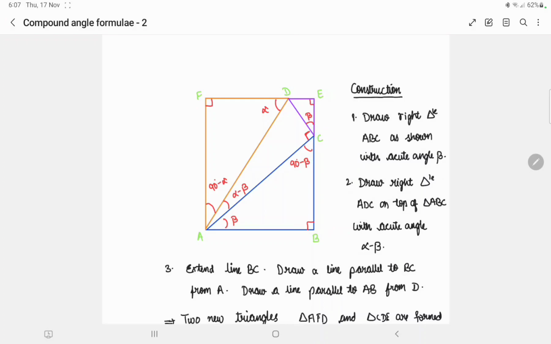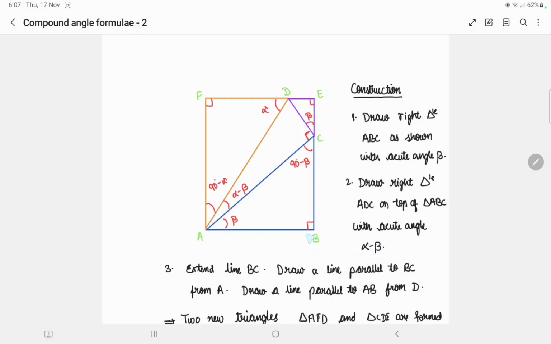So in an exam, if someone asks you for the construction, you are going to first draw this triangle ABC. Draw the right triangle ABC as shown with acute angle beta. That's the first step. The second step is to draw the right triangle ADC on top of triangle ABC with acute angle alpha minus beta.